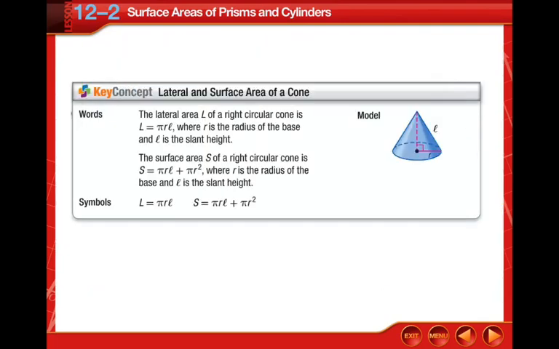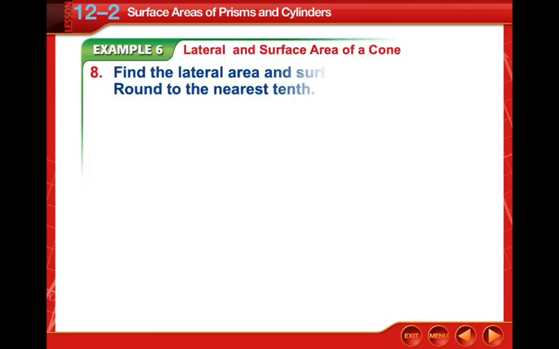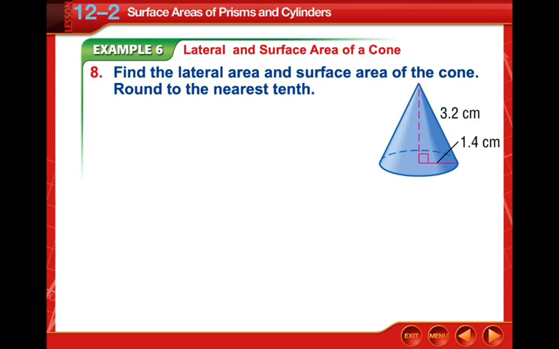So our next one, so now we're going to look at surface area and lateral area of cones. Same idea, just different formulas. Because it's a cone, it's got a base that's a circle. It's the only change. All the stuff is just taking circle things and applying it. So we want to find the lateral area and surface area of this cone.